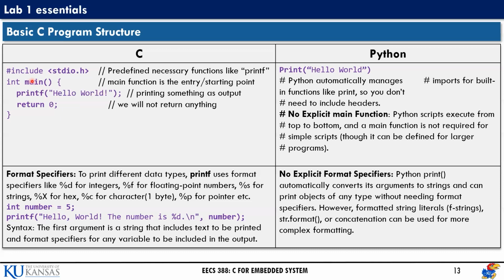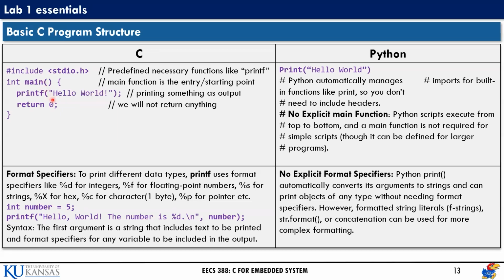Inside this main function, we write our code, the specific tasks we want to do using our program. Here we are printing a string. Also, you can see before our main function, we have to declare what this function returns. Here, as we use int, that means the main function should return an integer, right?